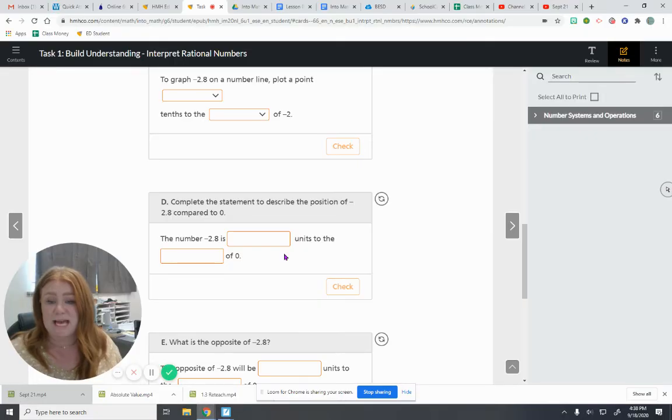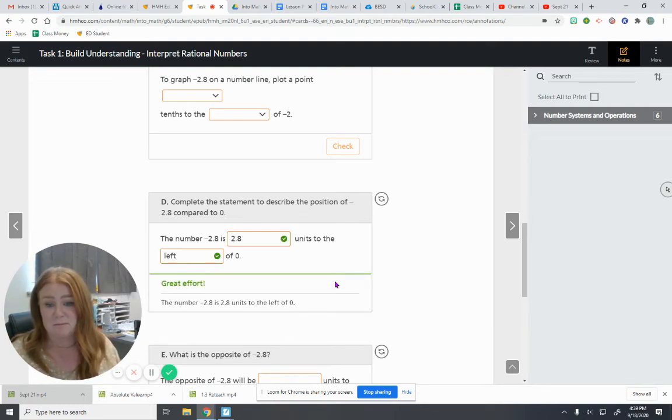So let's take a look at what our task says. So the number negative 2.8 is 2.8 units to the left of 0. Okay, so a distance of 2.8 to the left.